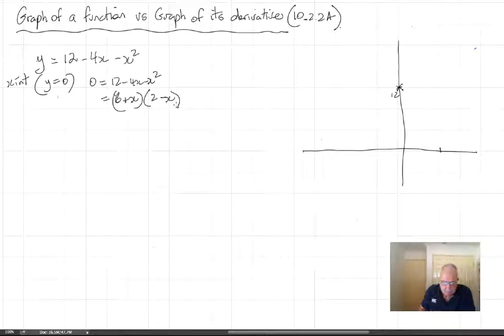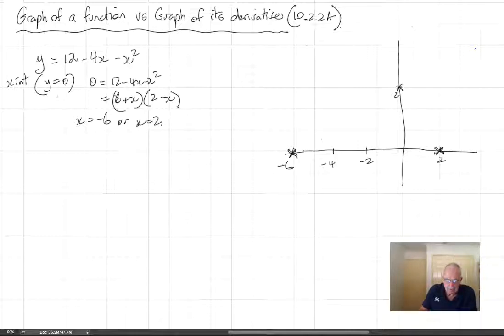So what makes that equal to 0? x equals negative 6. What makes this equal to 0? x equals 2. So it's going to cut at 2, negative 2, negative 4, negative 6. So it's going to cut at those 2 points.